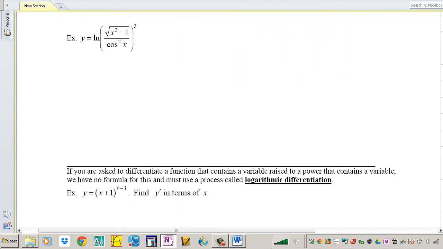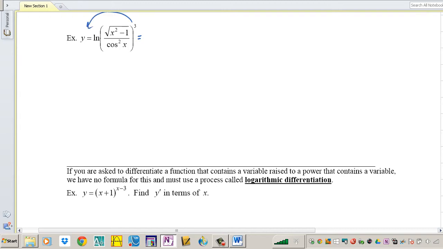Okay, so now we have y equals the square root of x squared minus 1 over cosine squared of x, all to the third. Yay, isn't this so much fun?